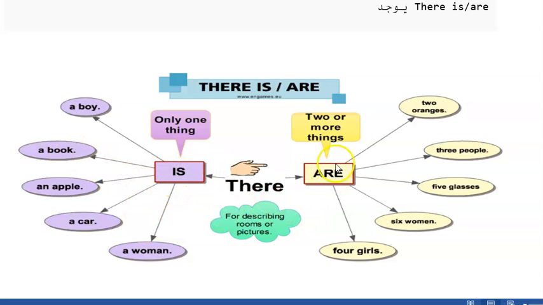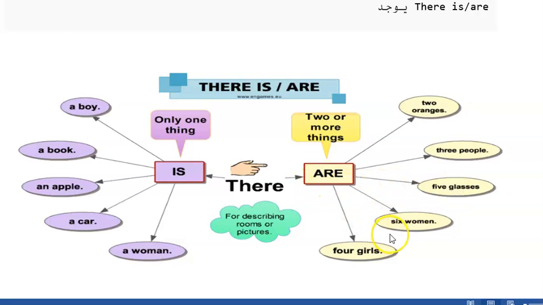Now with there are, we have 2 or more things. So there are 2 oranges. There are 2 oranges in my bag. One for me, one for you. There are 3 people in my family. Okay. There are 5 glasses on the table.